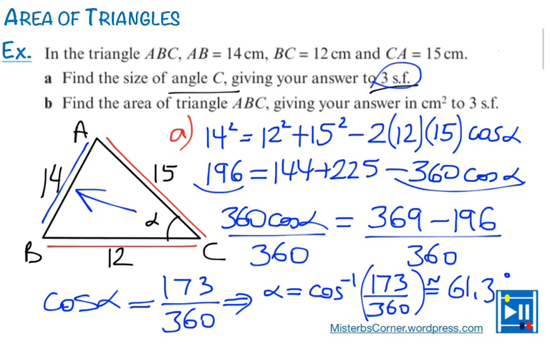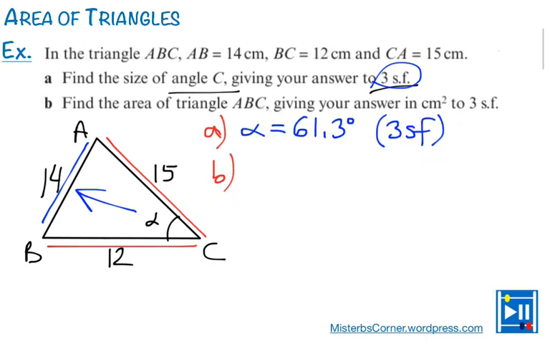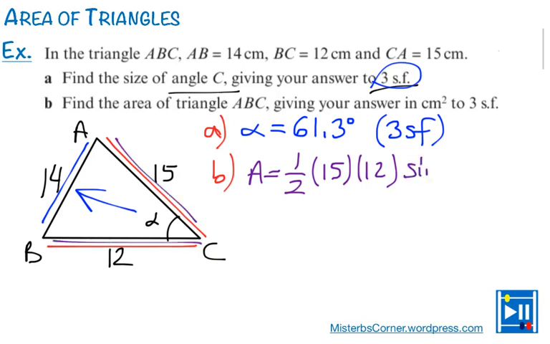Now I know the angle, so I can write down the area to be 1/2 of 15 times 12, the arms of the angle, and then the sine of the angle, which is 61.3 degrees.